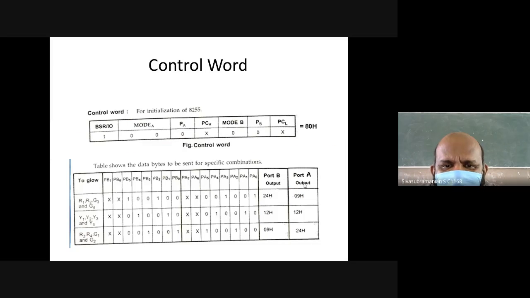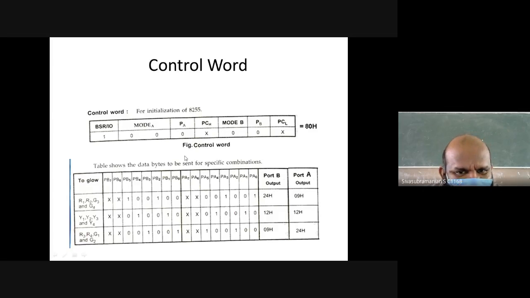So having done that, now the step is where we have to initialize this 8255. Okay, to initialize this 8255, we give a control word signal from the 8085 to the 8255 so that it gets initialized, right?